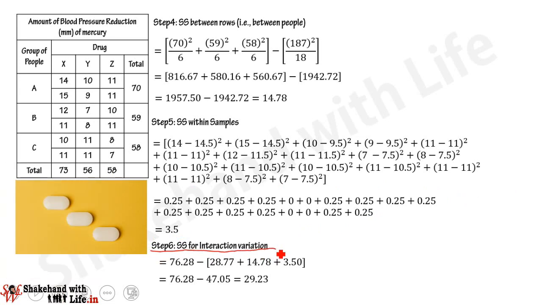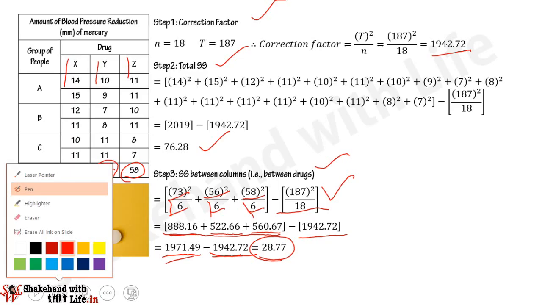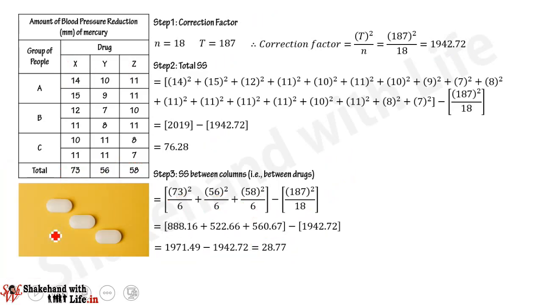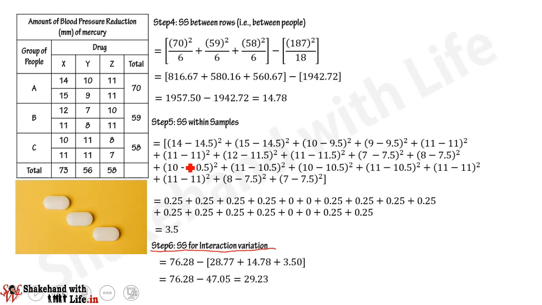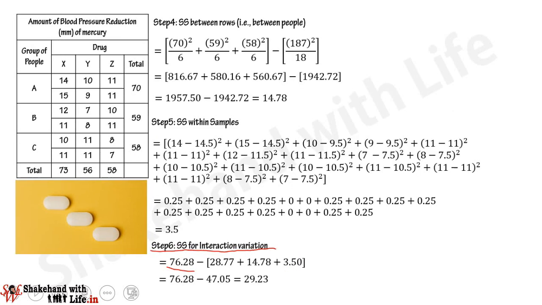The sum of squares for total variation is 76.28, which is here, and then subtract the sum of squares for variation between the columns, which is 28.77, and then 14.78, which is here, and then the sum of squares for variation within the samples, which is 3.5.